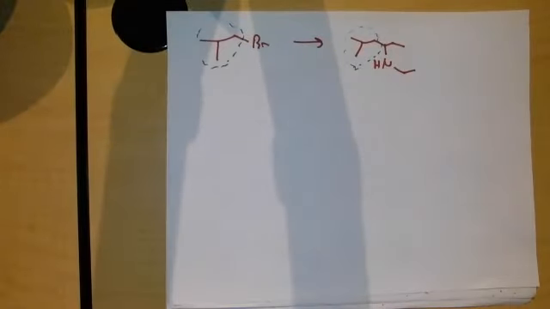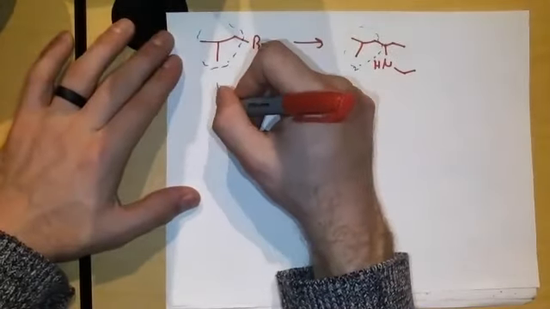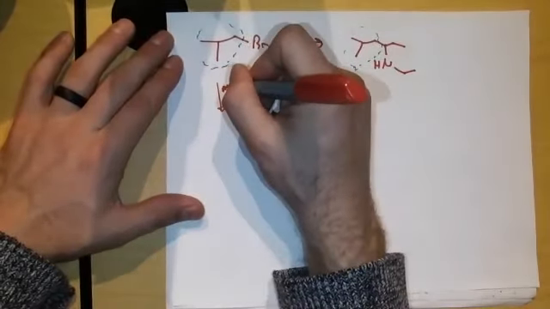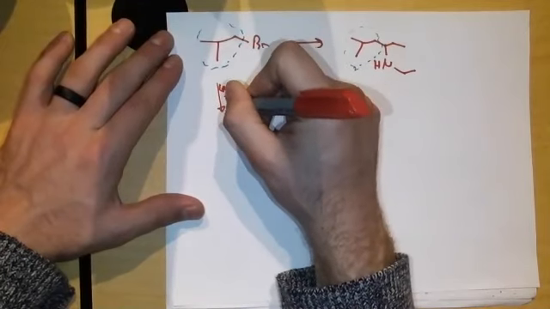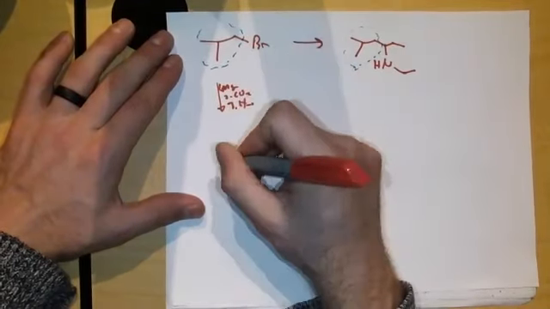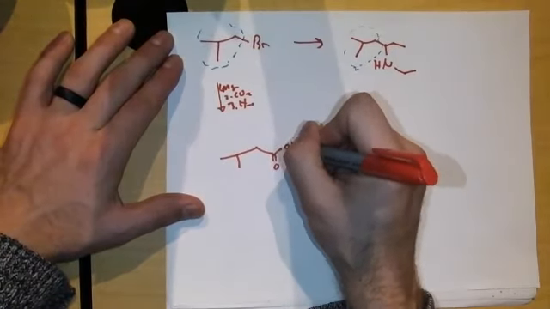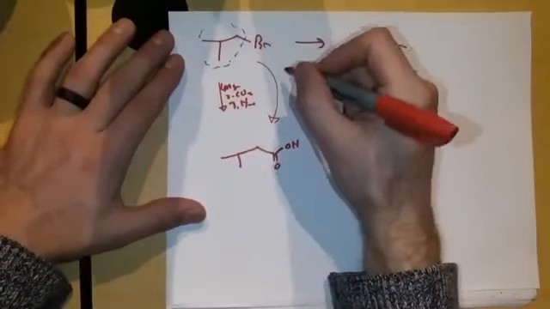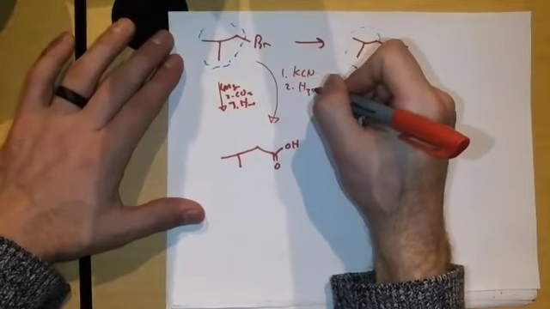So if we throw in either Mg, CO2 and water, we can add that extra carbon. You could also do this with KCN, H3O plus.